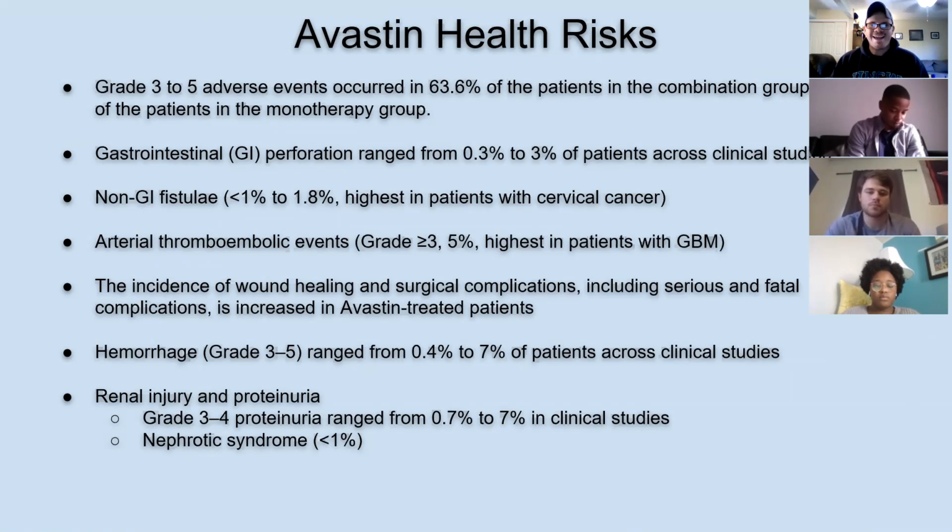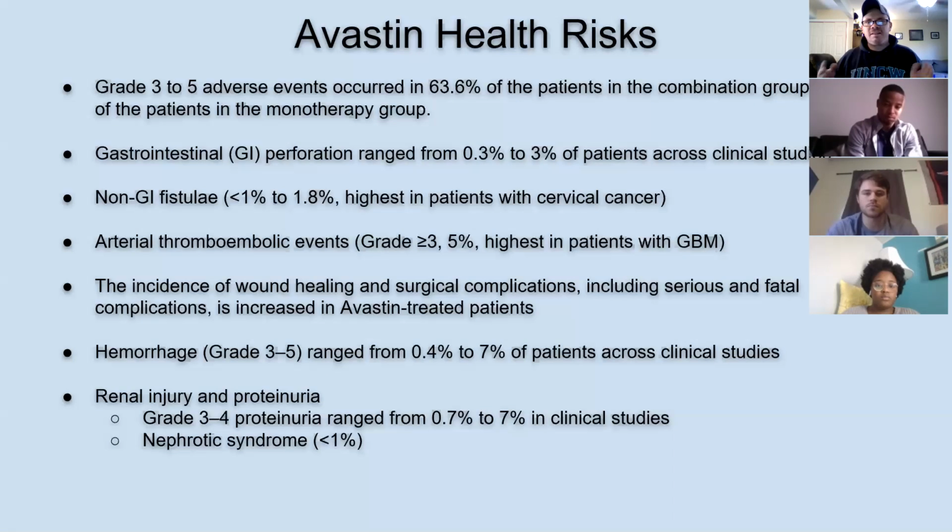Renal injuries happen. You're going to have protein in your urine. The incidence of wound healing just plummets, right? You're having a lot of issues maintaining your vascular system while you're taking Avastin, obviously. And so 64% of people are going to have those issues taking Avastin with chemo.